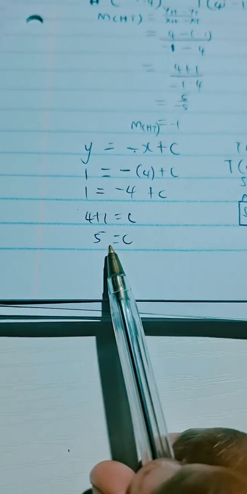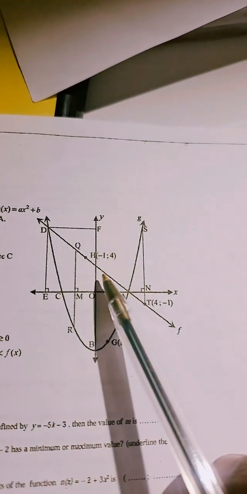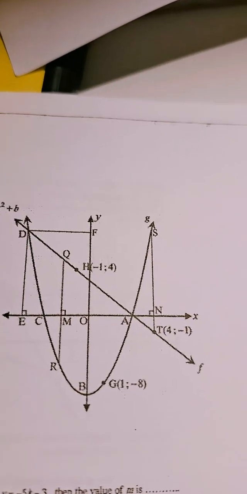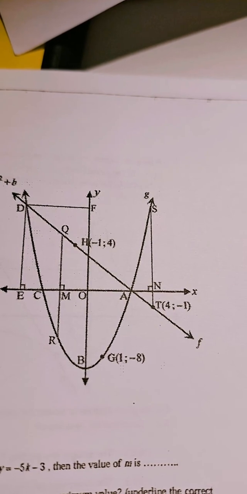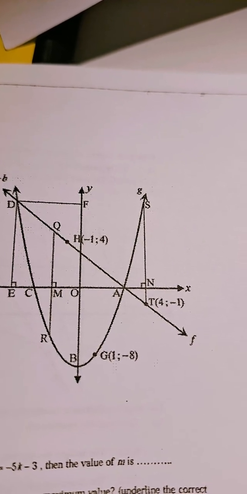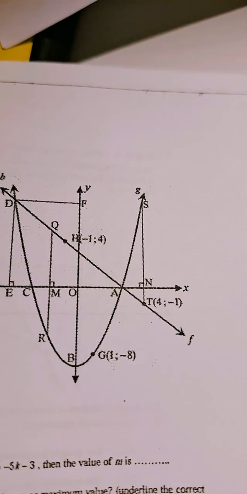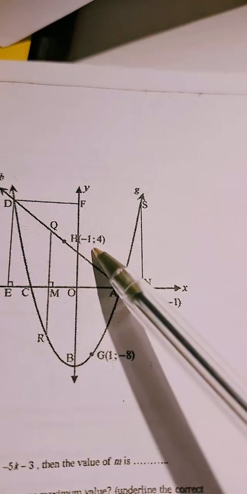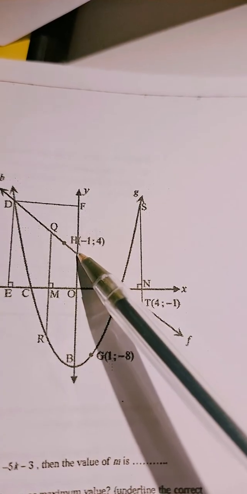Let's check. Am I expecting a positive c value for the straight line? Yes, I am. But there's a bit of a problem. Why is the c value seemingly bigger than, because if this is the c value, it's 5.